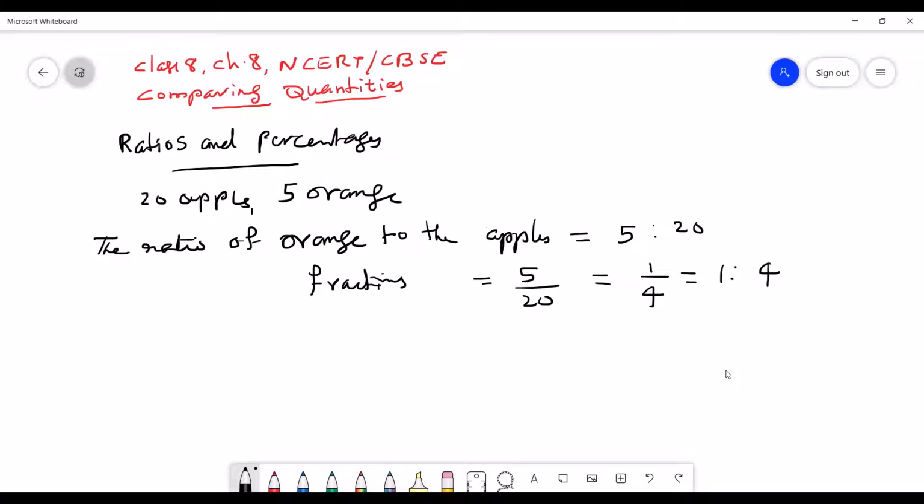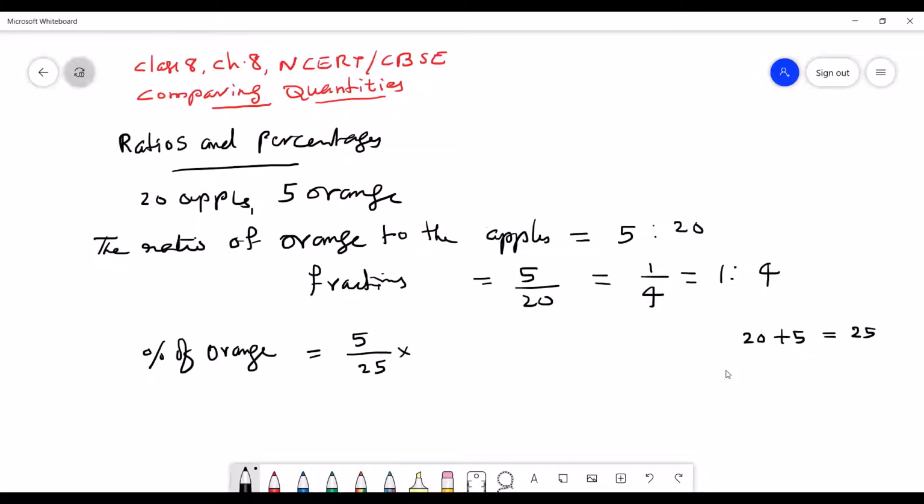When we have to show the percentage of oranges in that particular box, first we will write the number of oranges, then we have to write the total number of fruits, that is 20 apples plus 5 oranges, it is 25 as the denominator.